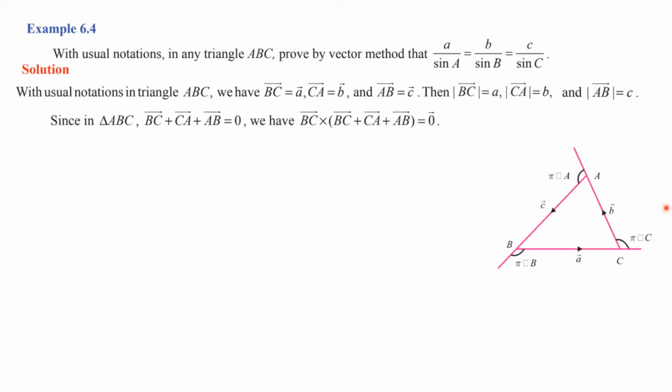Now if you sum all these vectors, BC plus CA plus AB, you get 0, right, by the triangle law.